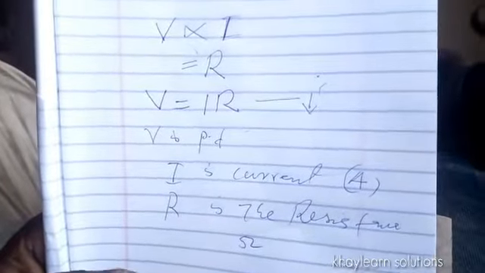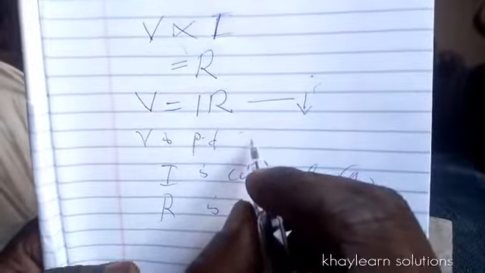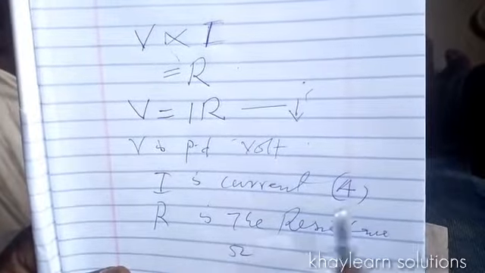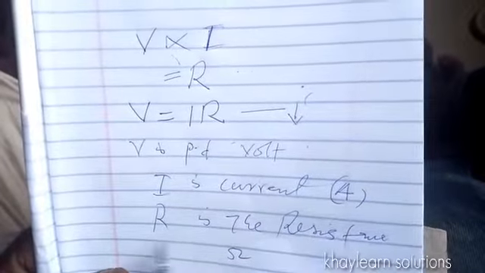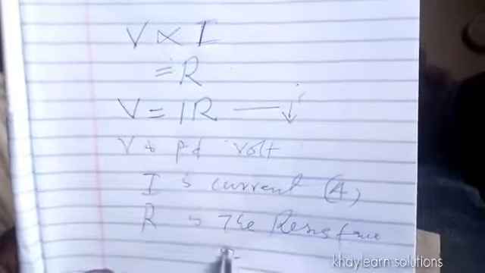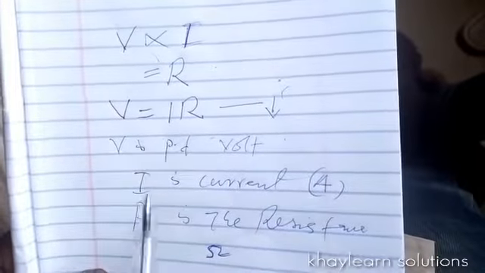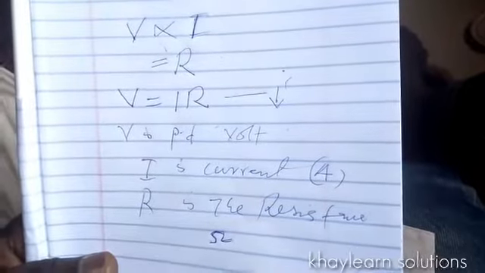That means the potential difference has a unit of volts, while the current has a unit of ampere, and the resistance has a unit of ohm. The ohm is written this way. This is how the ohm will be written. So this is what is called Ohm's law.